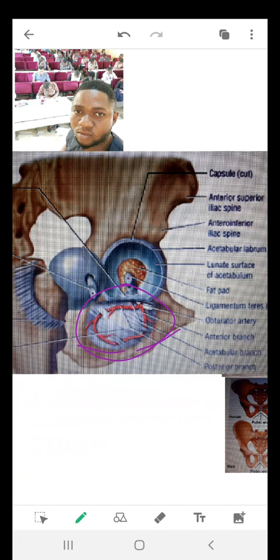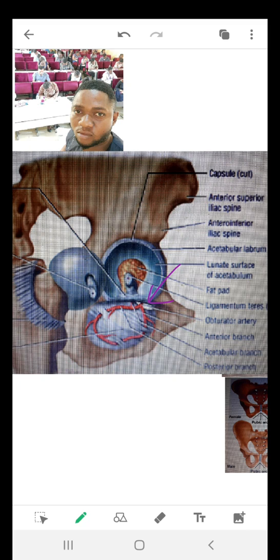It covers this foramen except an area here, where there's a groove superiorly. This groove is called the obturator groove. Sorry, let me put the arrow here. So that groove here is called the obturator groove.